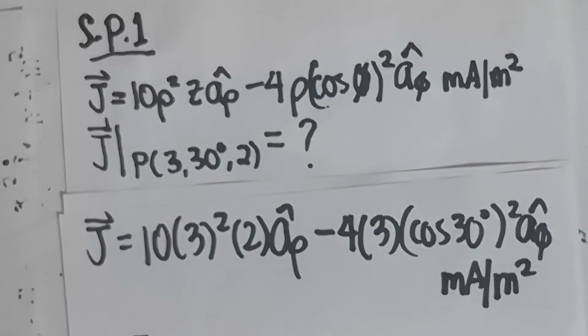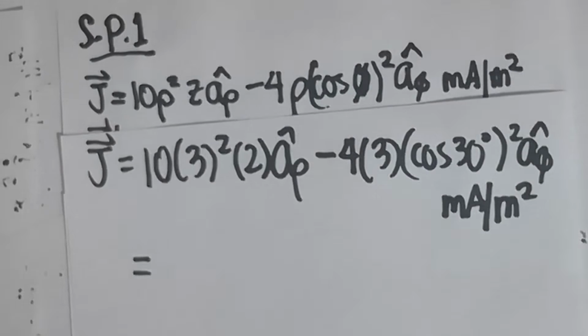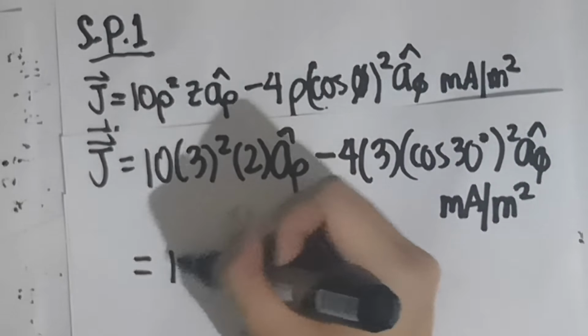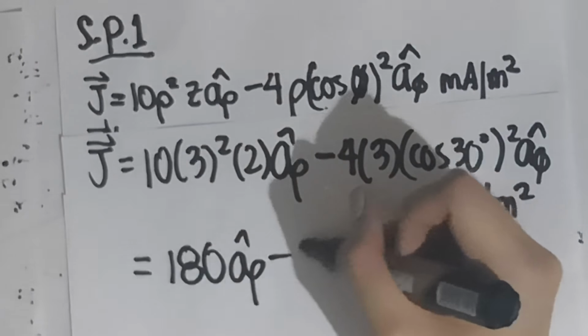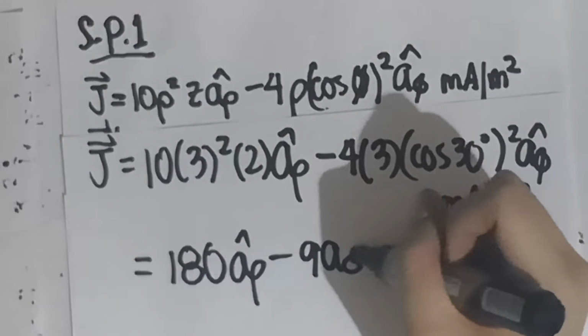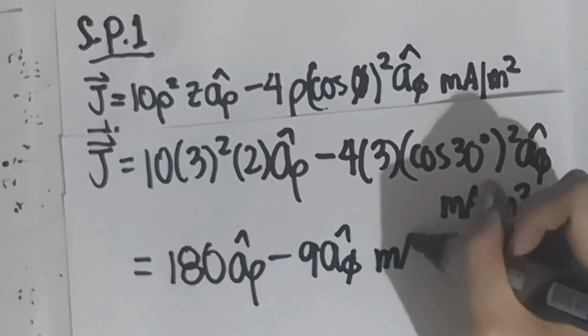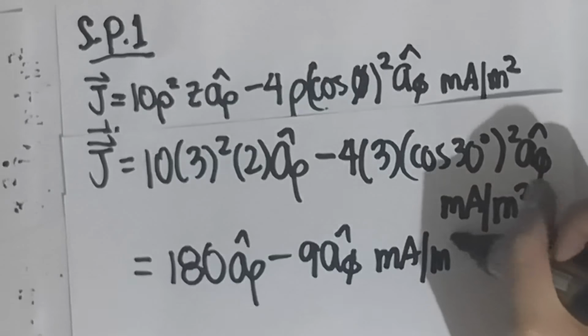That would give us an answer of 180 a rho minus 9 a phi milliampere per meter squared.